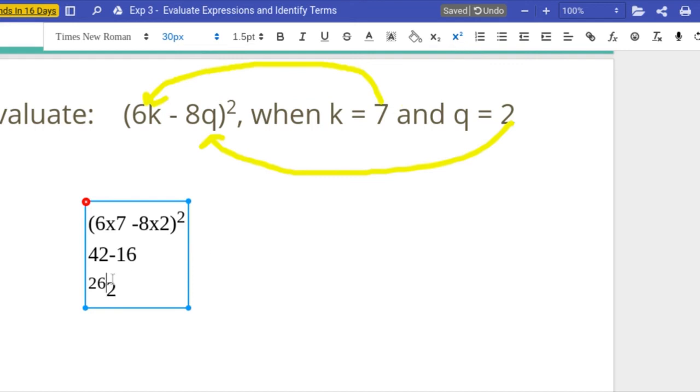So I'm going to have 26 squared, and find out what that equals. That means 26 times 26. So let's see if we can pull up my calculator over here.